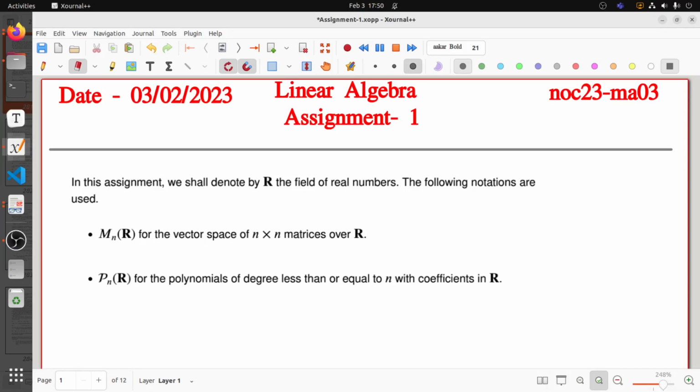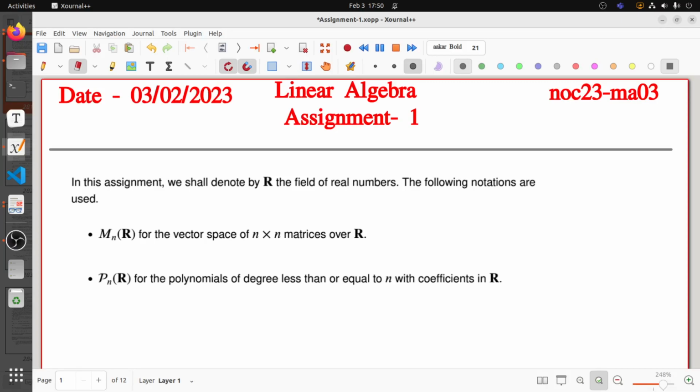So what it means, what we have to check: for a and b in real numbers and u in V, which is R plus, you have to check whether (a plus b) dot u is a dot u plus b dot u or not. This we have to check. So this is the multiplication is linear.